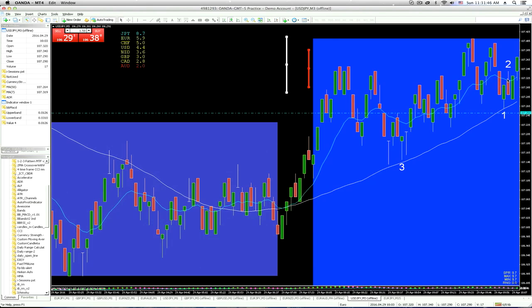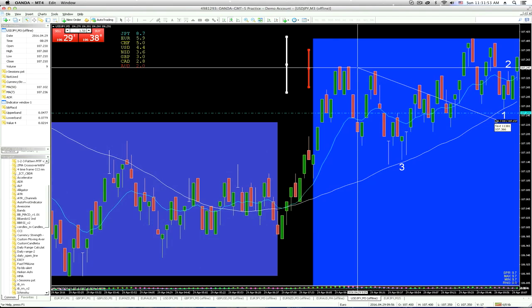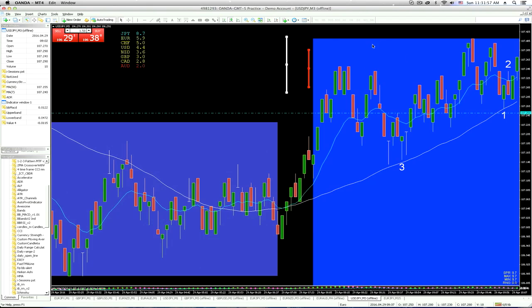Also look at this whole area from about here over to here. This is just a botched up zone of just too much price action in here. So really, this has created a level above here that's like a breakout area, and a level below here that's like a breakout area.